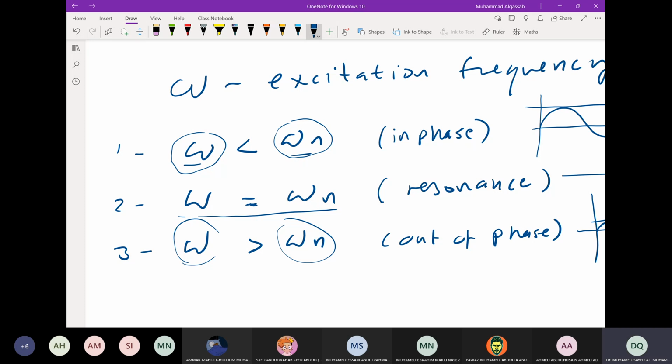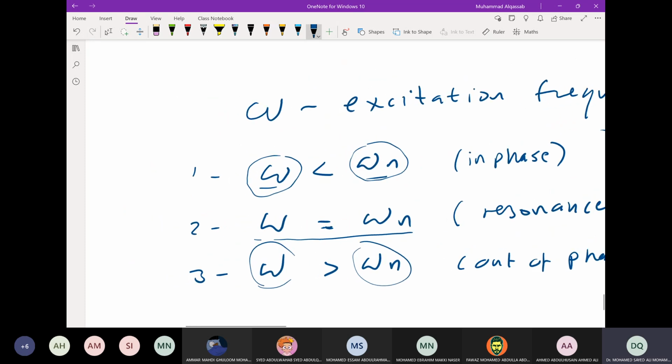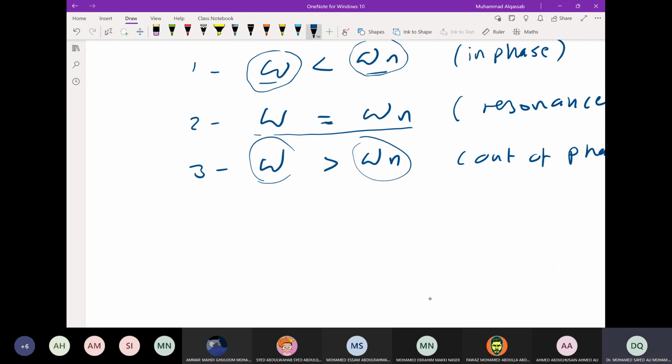Okay, and we will talk about this phenomenon in chapter 3, because chapter 3 is about forced vibration. So the high frequency case, where omega is greater than omega n, is not the dangerous case.